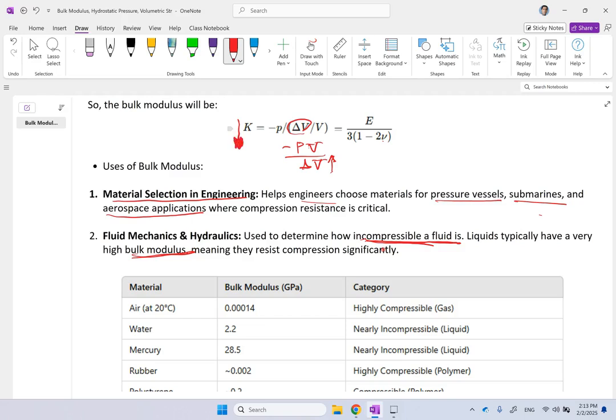So compressible materials have small K's. On the other hand, if you cannot easily compress them and change their volume, their delta V is small, then K has to be a big number. So looking at K can tell you whether a material is compressible or not.